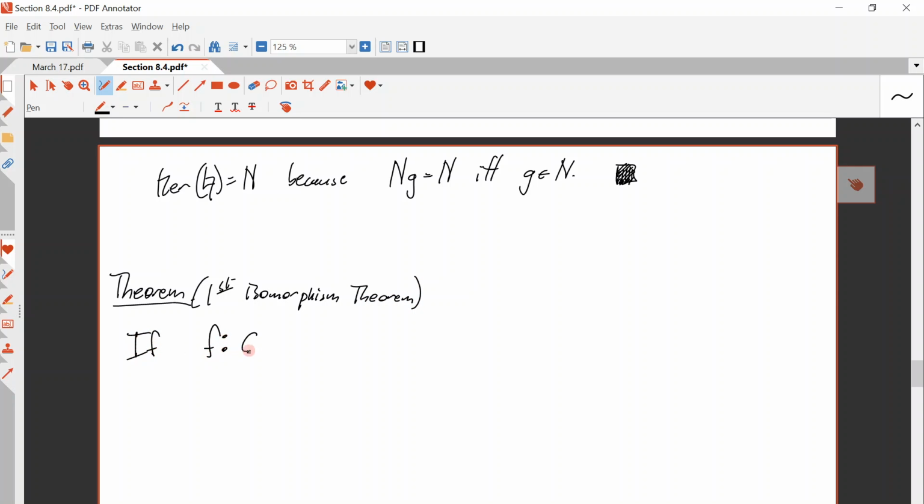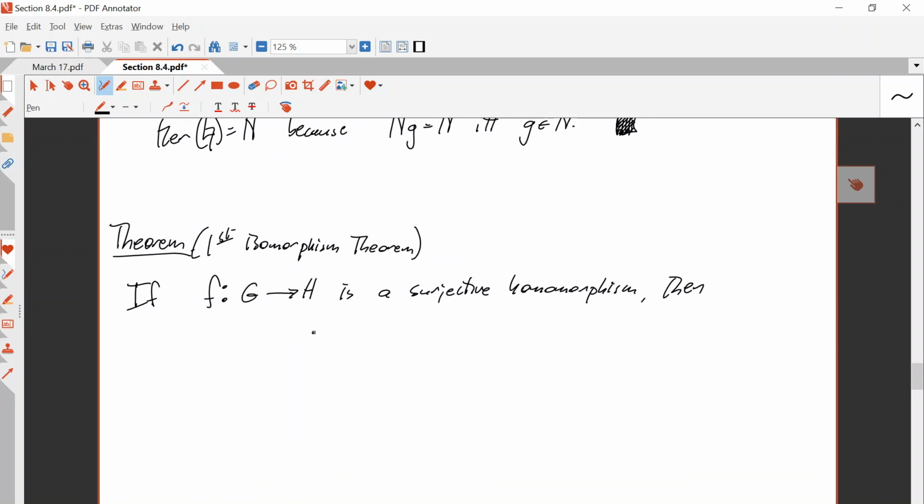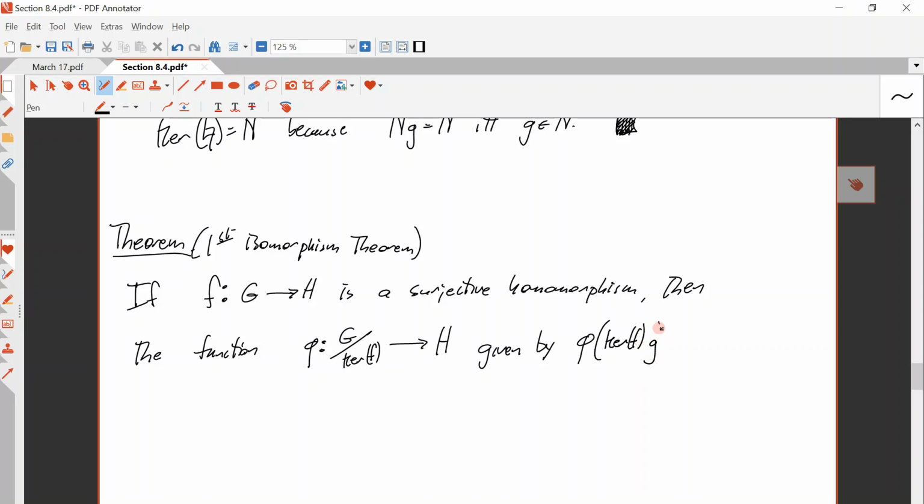If f from G to H is a surjective homomorphism, okay, if it's a surjective homomorphism, then the function phi from G mod the kernel of f to H given by phi of the right coset kernel of f g equal to just f of g is an isomorphism of groups.